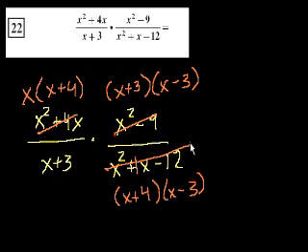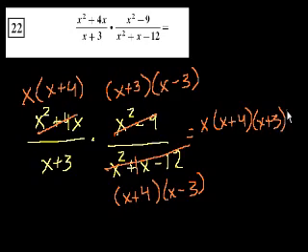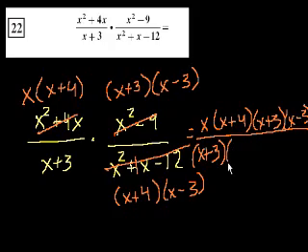Normally I would just start canceling, but I want to make the point that this is equal to x times (x plus 4) times (x plus 3) times (x minus 3), all of that over (x plus 3) times (x plus 4) times (x minus 3).